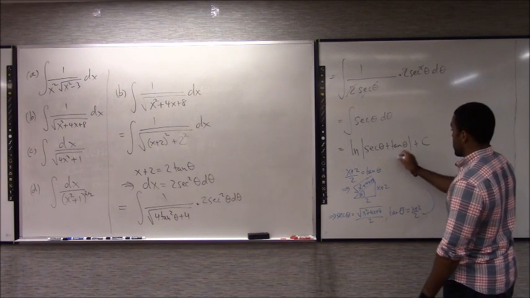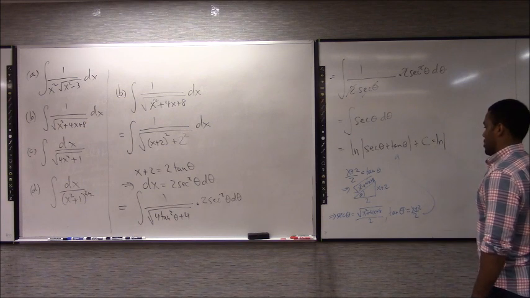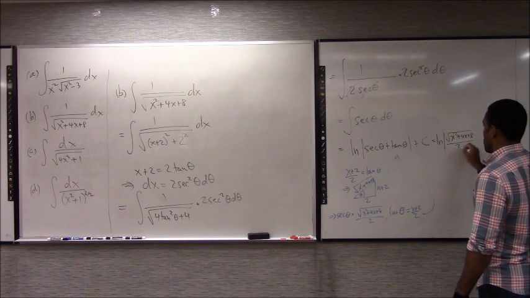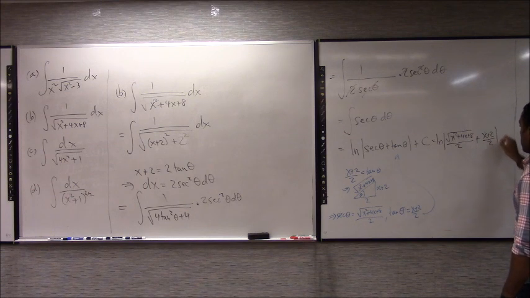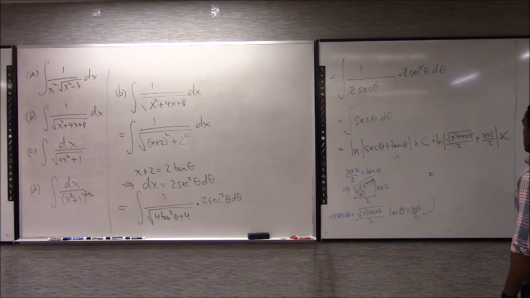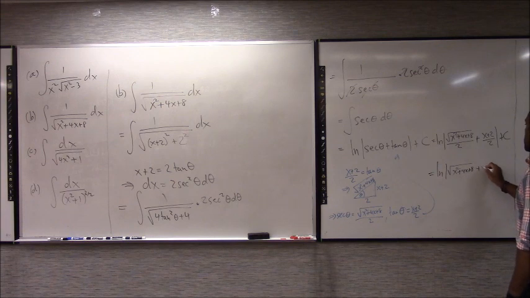And so we go back, we plug those guys in, and we would have ln of the square root of x squared plus 4x plus 8 all over 2 plus x plus 2 all over 2 plus c. And now, probably, if you're looking at this as an answer in the back of your textbook, they'd probably bring it to this point, ln of the square root of x squared plus 4x plus 8 plus x plus 2, plus c.